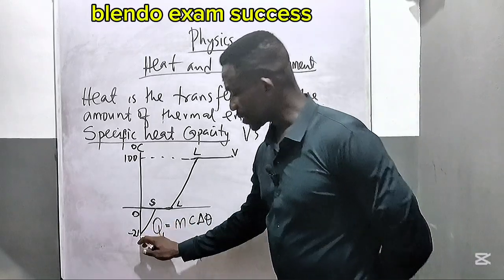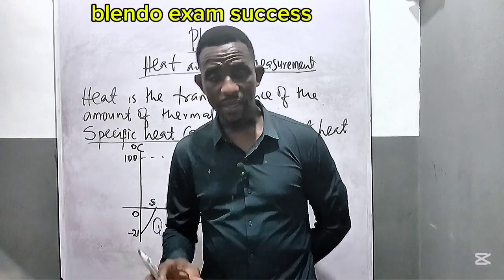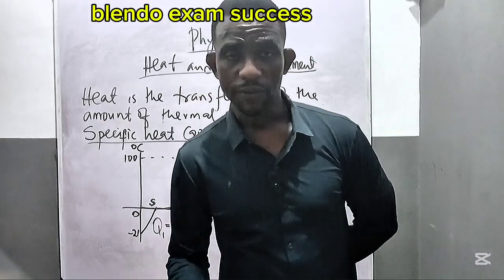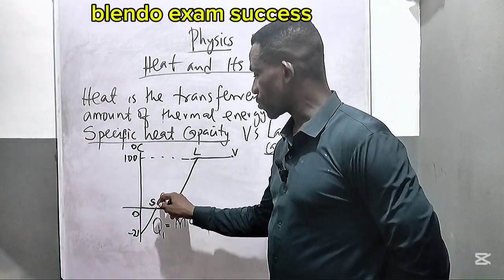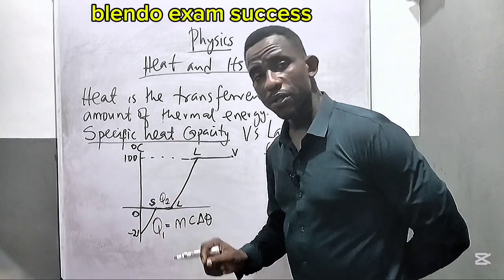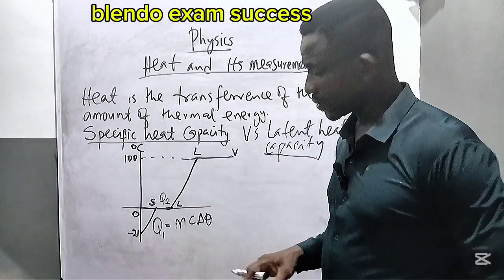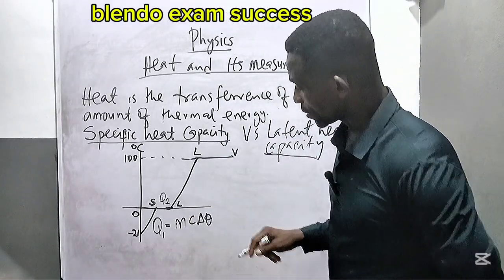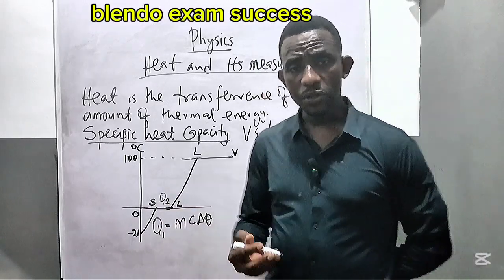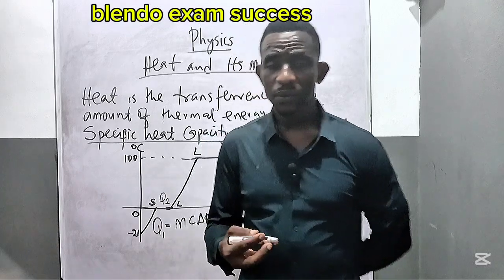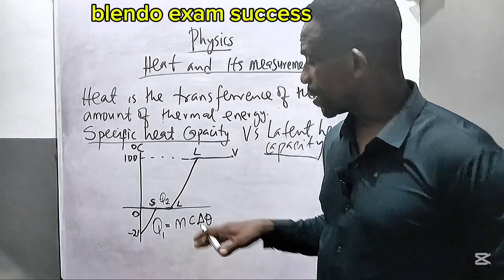After this has gotten up to this level, we have 0 degrees Celsius, and this is the lower fixed point of water. At this point, we call it Q2. Temperature ceases to increase. Temperature is constant. And when temperature is constant, the amount of heat added will no longer be used to raise the temperature, rather it is used to break the bond holding the solid molecules so that it can melt.